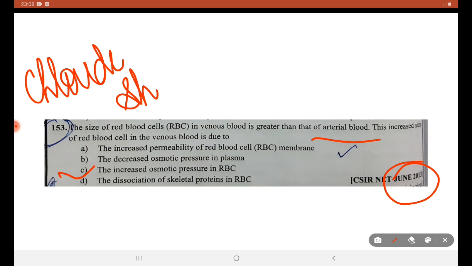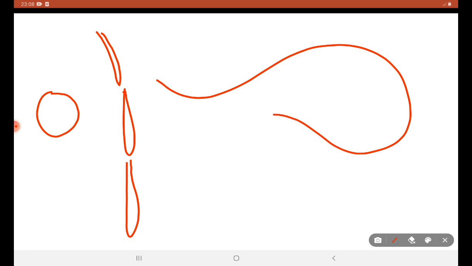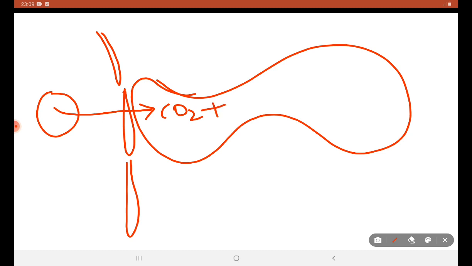What will happen during chloride shift? Consider this as a blood cell, an RBC. Carbon dioxide enters here.